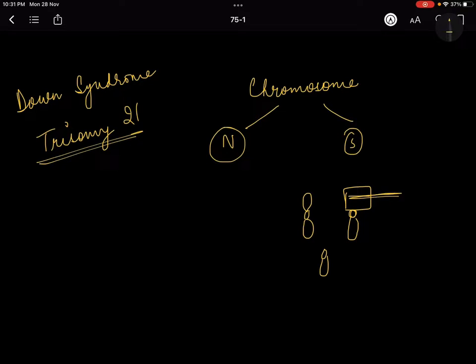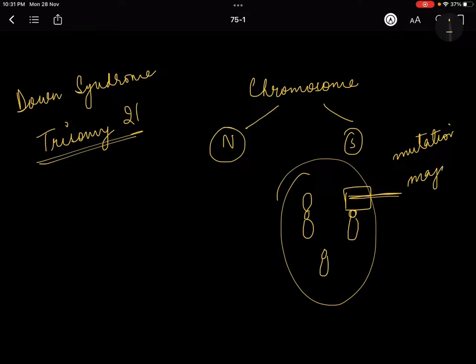So this is a structural anomaly. That means this is a mutation, and if this happens in a major or important chromosome, what will happen? It will create a genetic disorder.